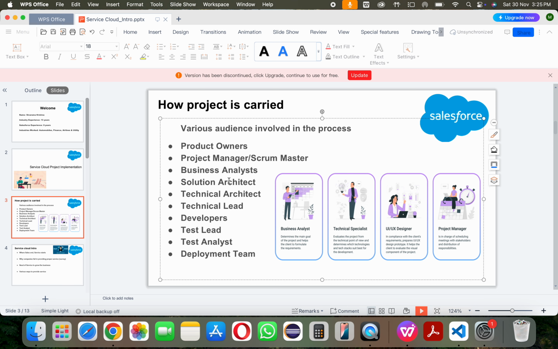So that information will be given by the solution architect to the client, saying, okay, if you use Salesforce, you have all these benefits. So you have to go with Salesforce. He will analyze and tell the product owners and the client company the right tools, so that they will purchase the product, because you have to purchase the product when you want to work on it.